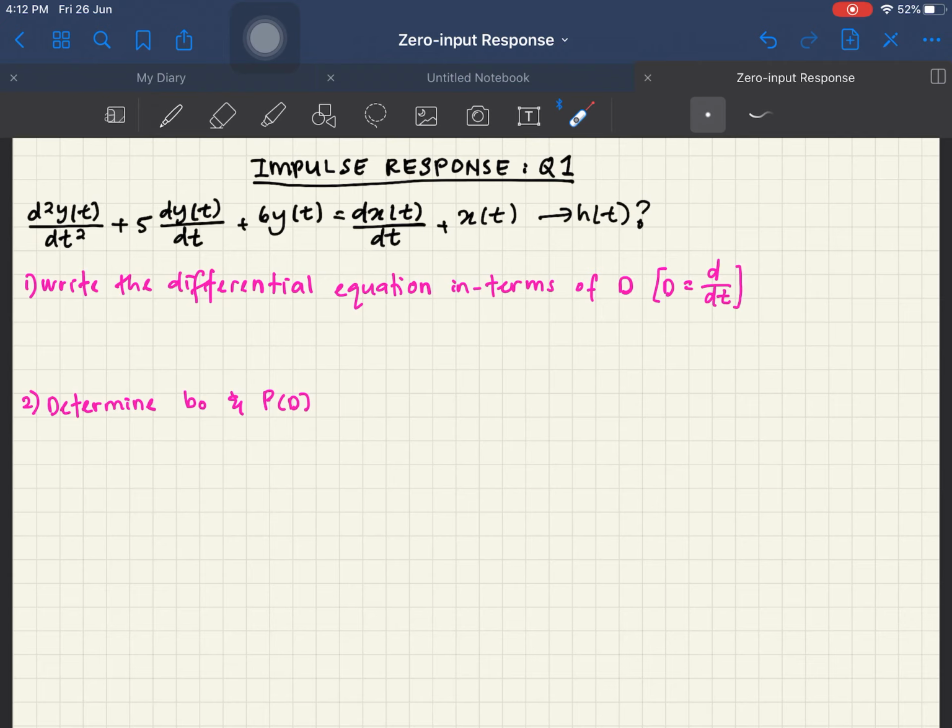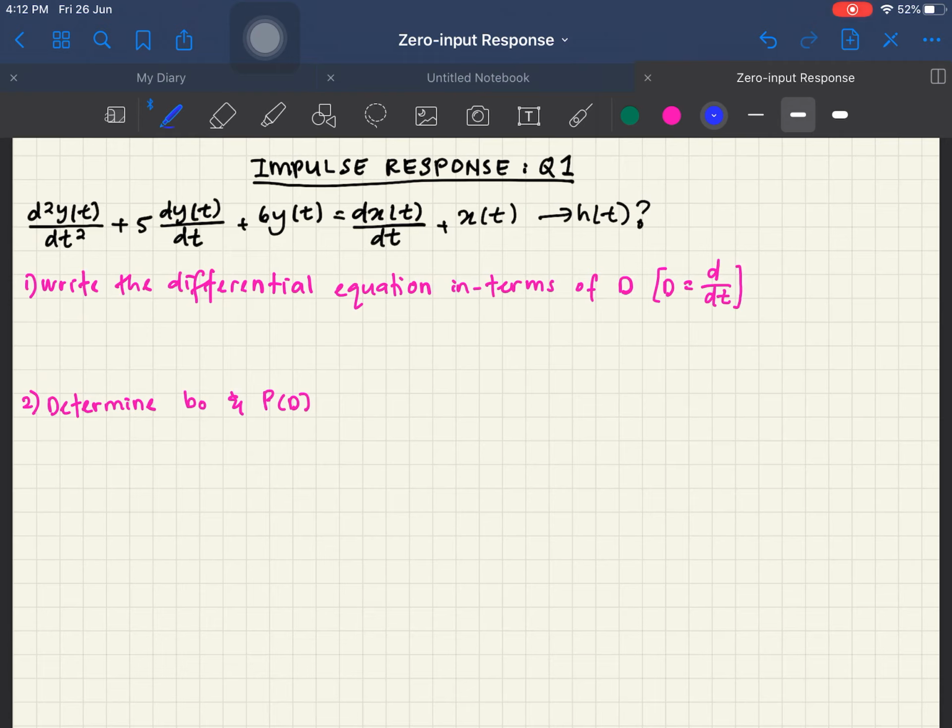In order to solve this problem, the first step is to write the differential equation in terms of D, where capital D equals d over dt.